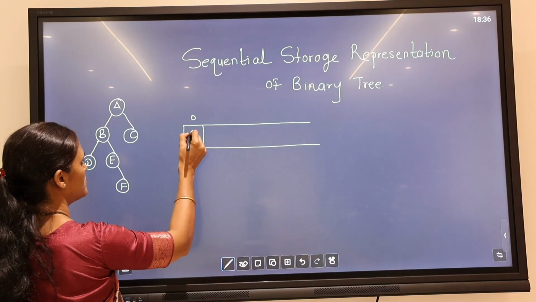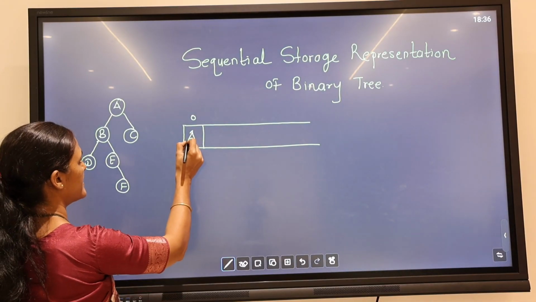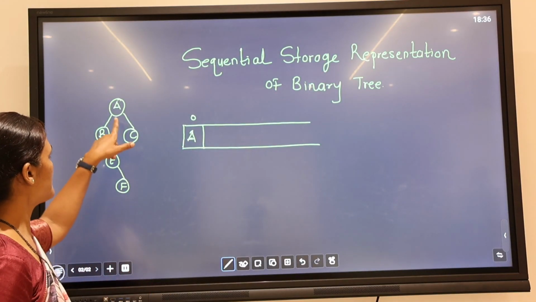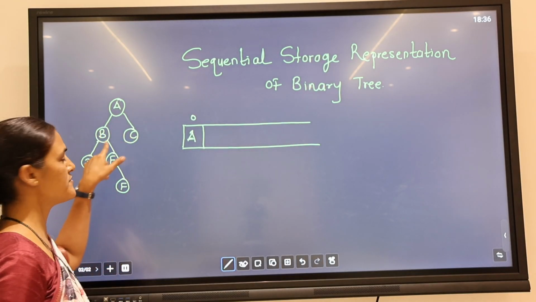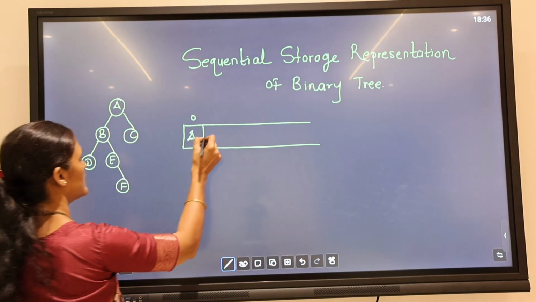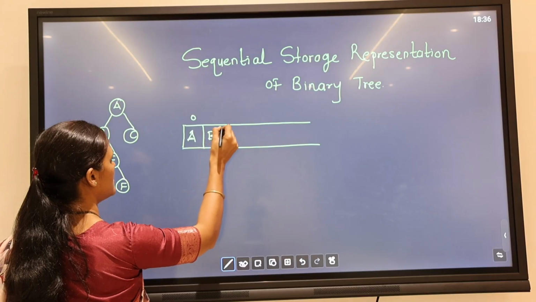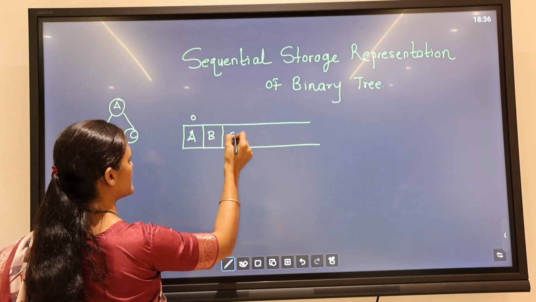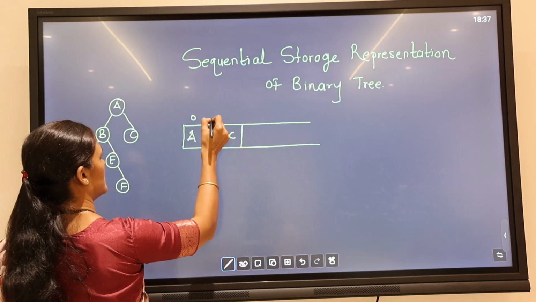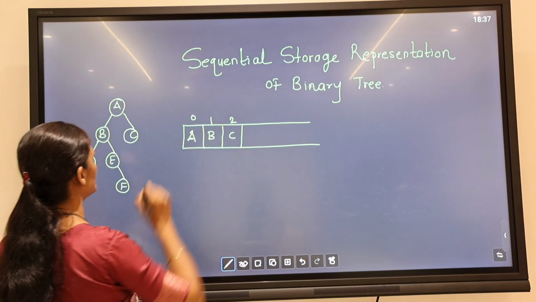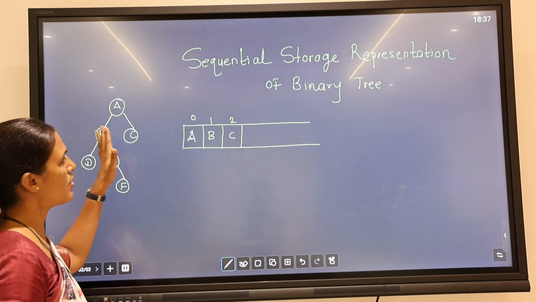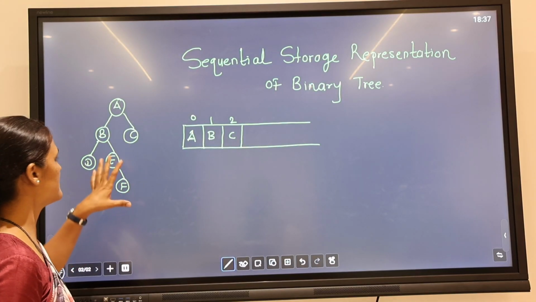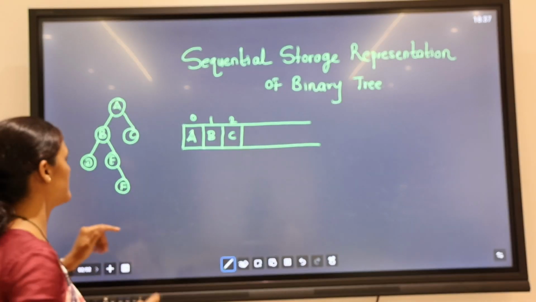So store the root node at index 0. Then after that store root node's left child and right child. The left child of root node is B and its right child is C. So 1 and 2. Next, process all these three from left to right.